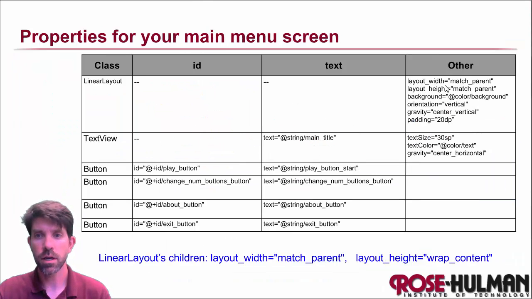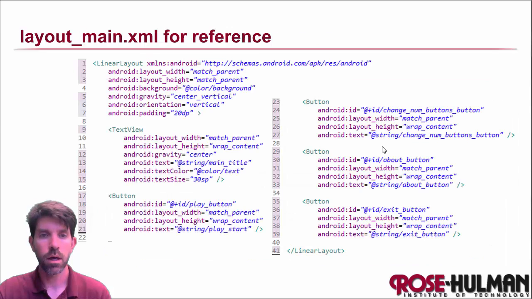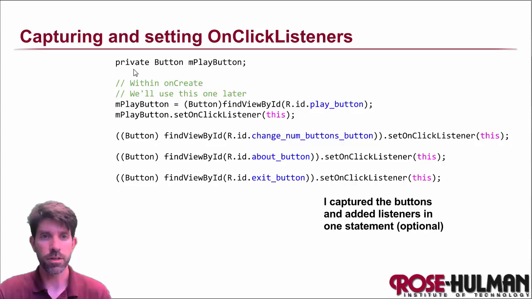So here were the properties that I set with the different colors and everything. Looks great, so no problems there. And the XML if you want to refer to it. And I'm setting my listener, so I've already created one for my play button. You'll notice for the other ones here that I am doing it all in one line.